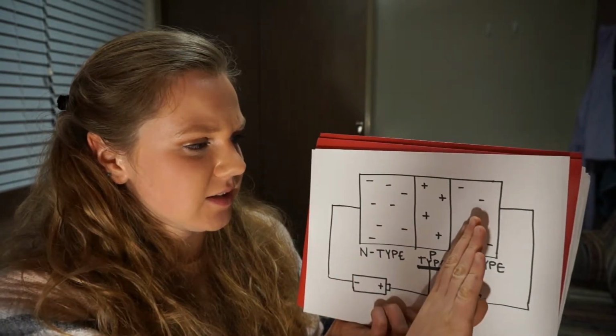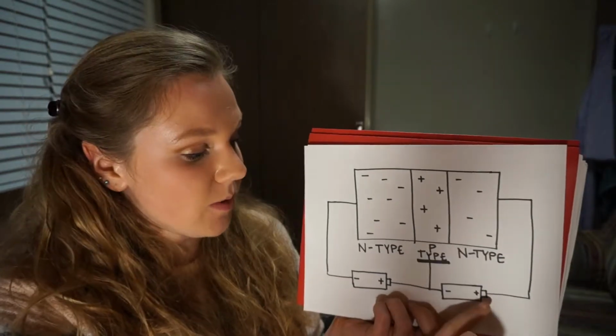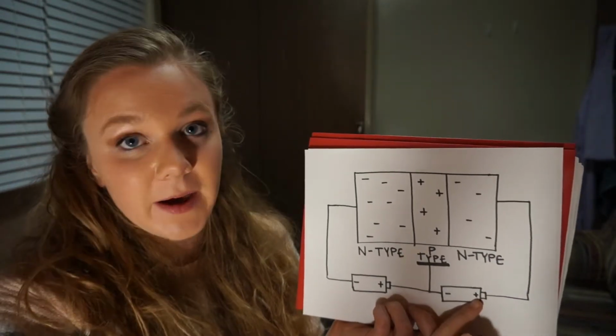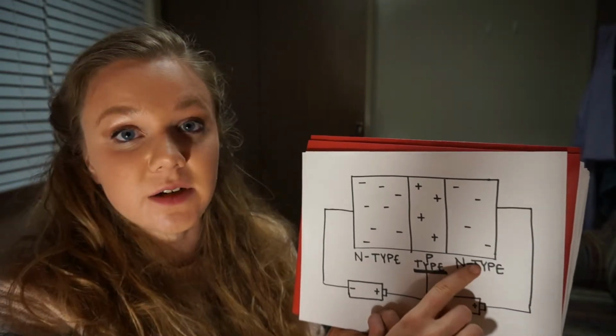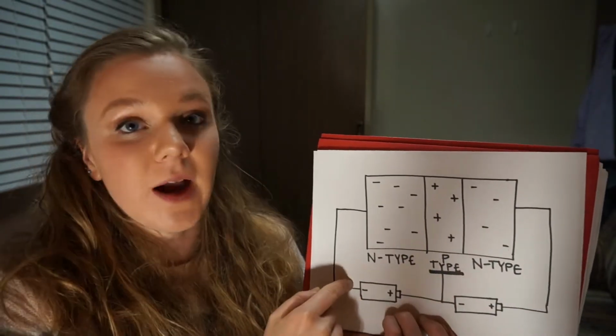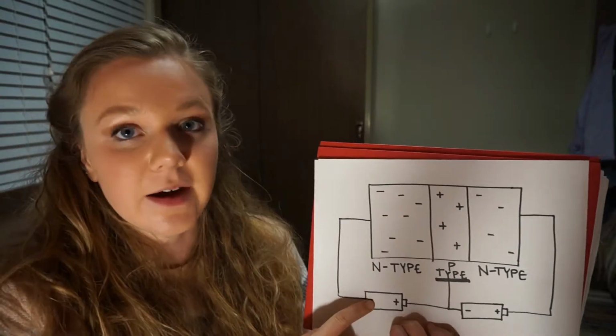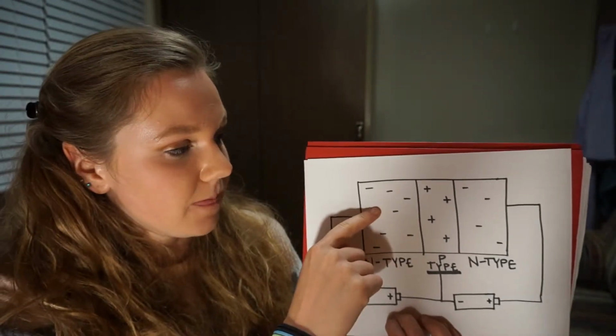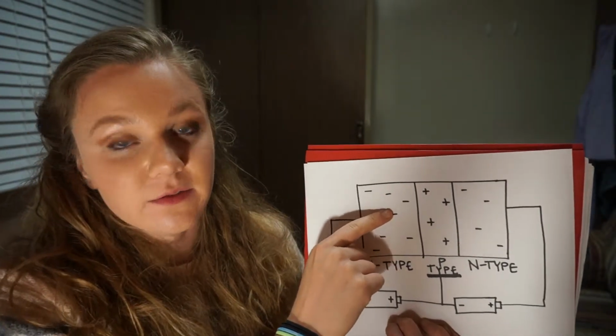As we discussed previously, when we have a positive end of a battery connected to the N-type material, it'll pull those electrons, and since we're having electrons provided by this battery, we're able to get current flowing through.